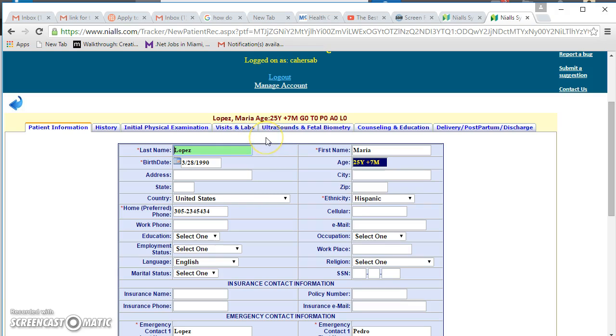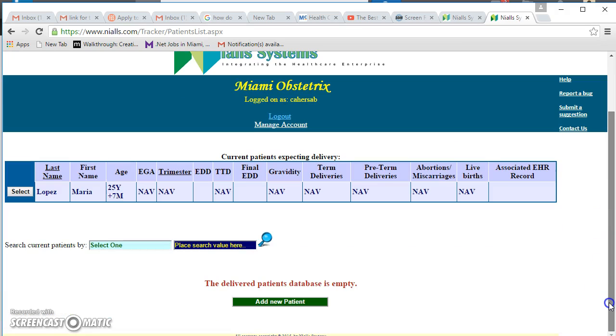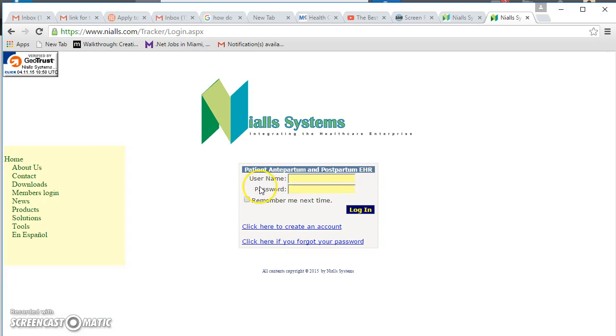This electronic health record automatically computes the age of the patient based on the birthday, and many other things that are necessary to save time for the user. If we want, we can log out of the system, and then we will go back to the login page.